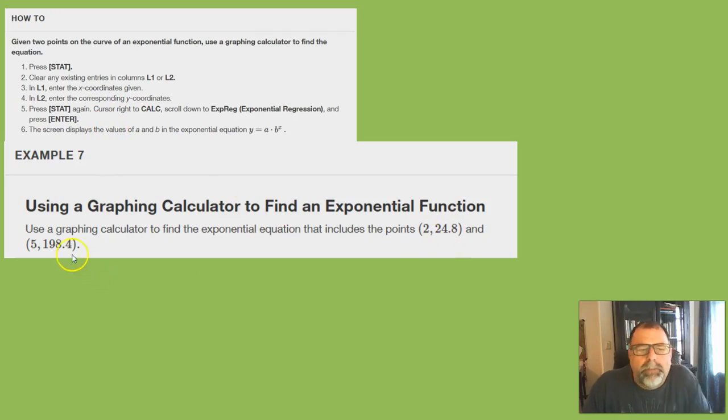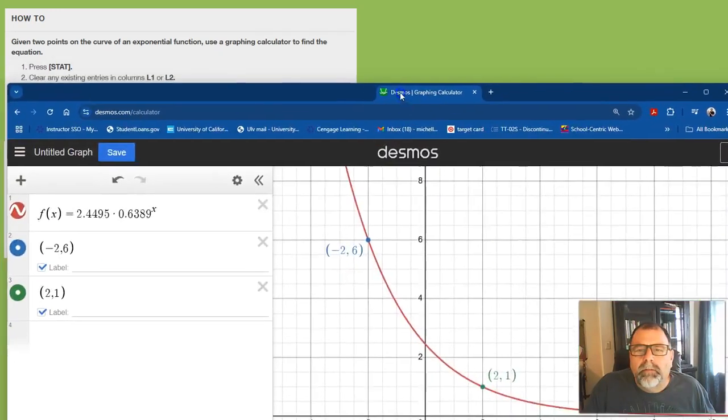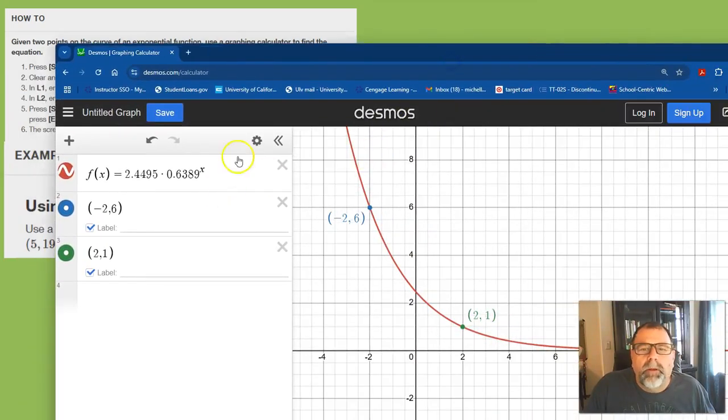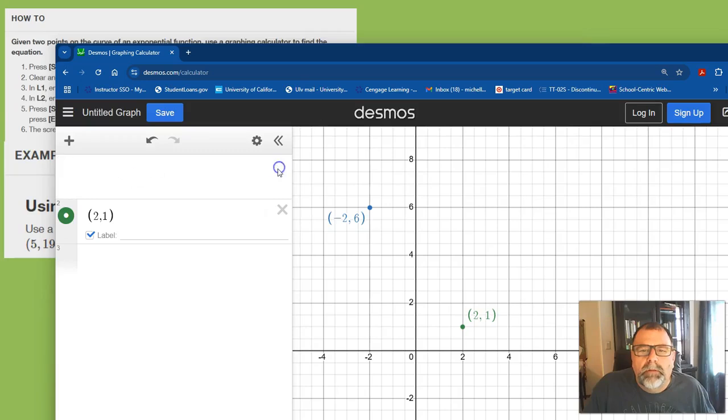So if you're given just 2 points, again, it's called regression when you want to do the best fit line. If they gave you just 2 points and told you it's exponential, the way you would do it on Desmos is you're going to put in the 2 points as a table.